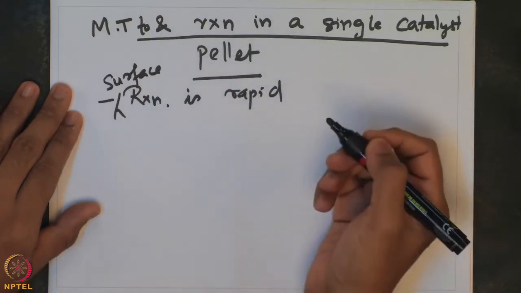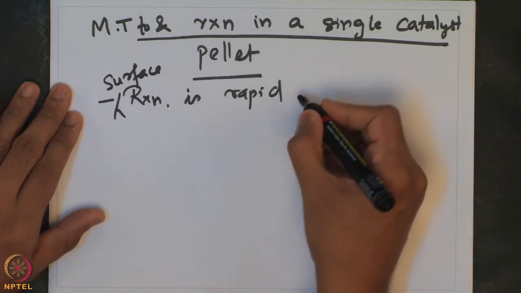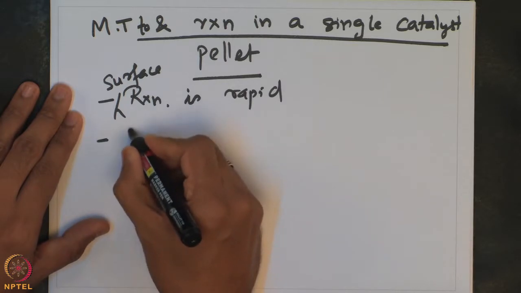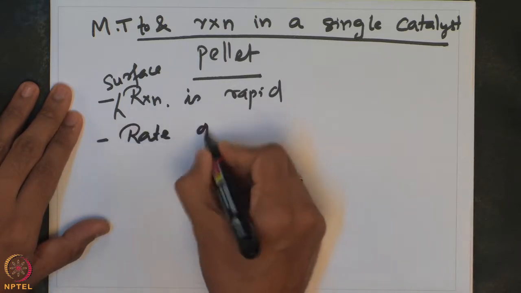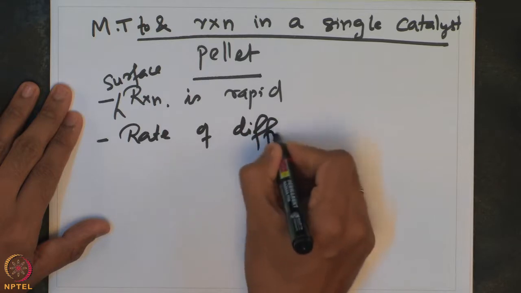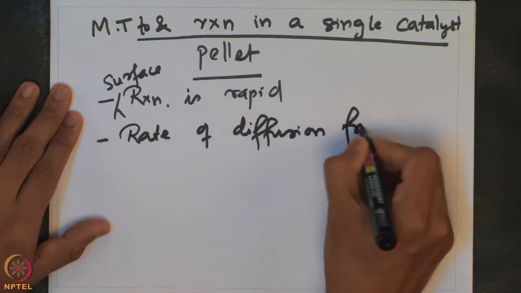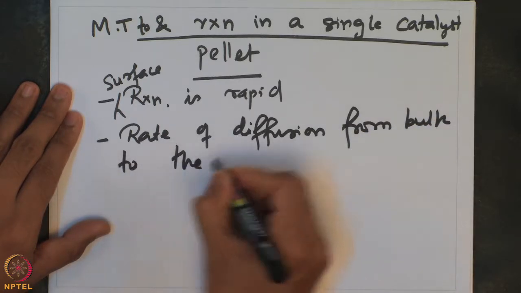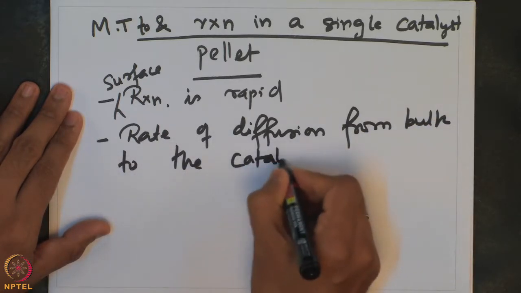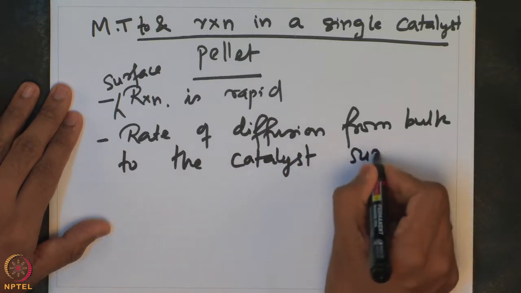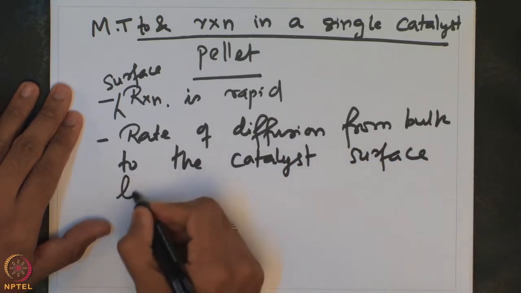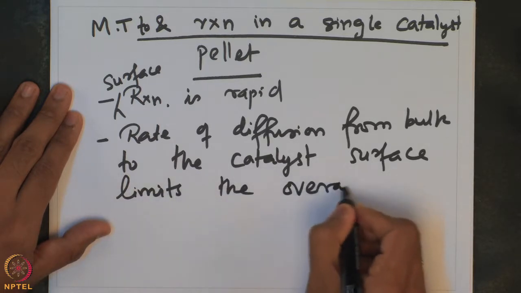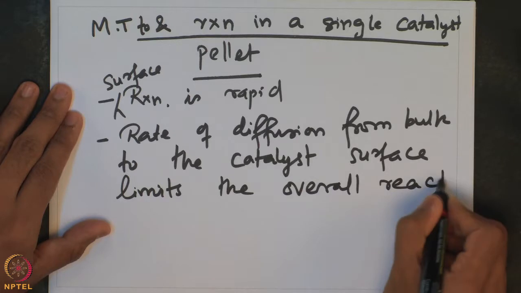And so, for a moment let us assume that the surface reaction is actually rapid, and we also assume that the rate of diffusion from bulk to the catalyst surface limits the overall reaction rate.